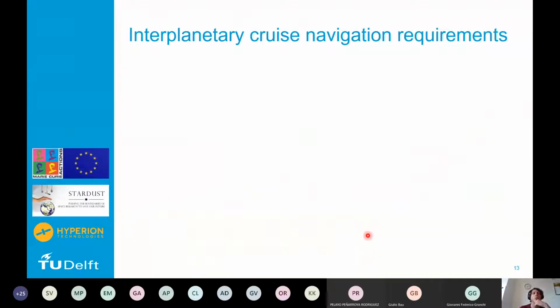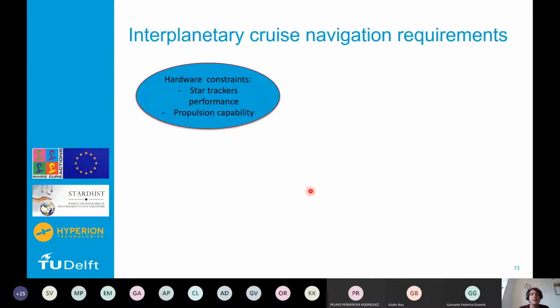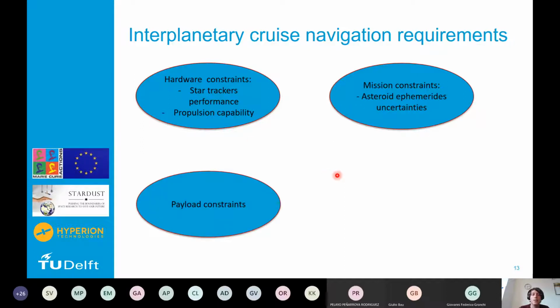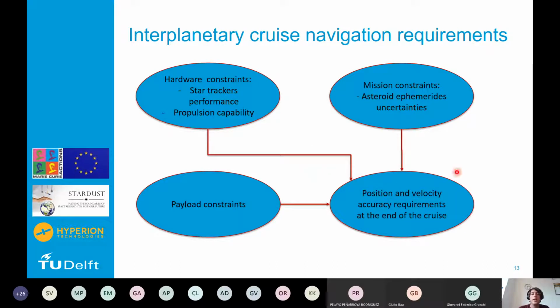So, talking about navigation during the interplanetary cruise, it's important to define the requirements. Of course, in general, it really depends on the particular mission, but we can define for this particular application the requirements based on some hardware constraints, star tracker performances and propulsion capability, but also mission constraints due to the asteroid ephemerides uncertainties, and payload constraints that I'm not considering but in a real mission should be considered.